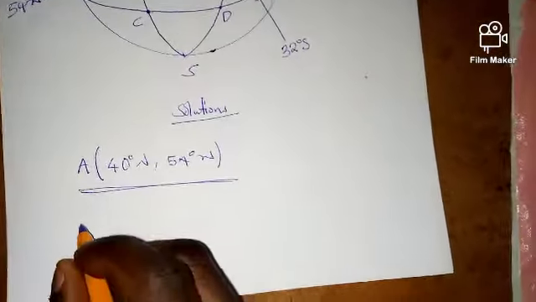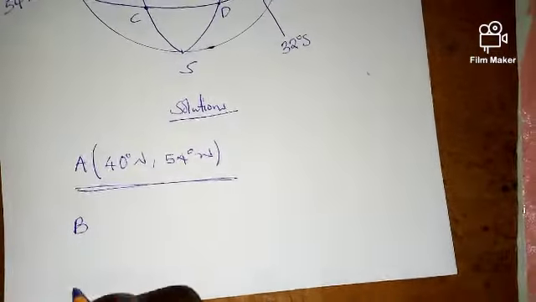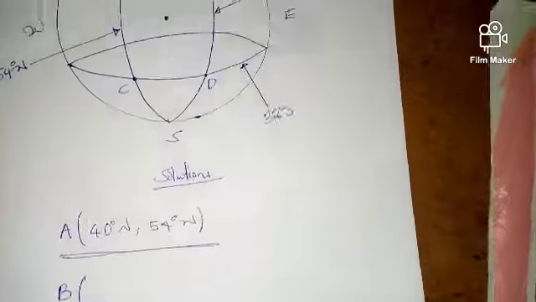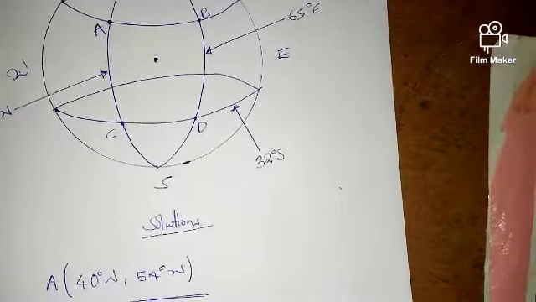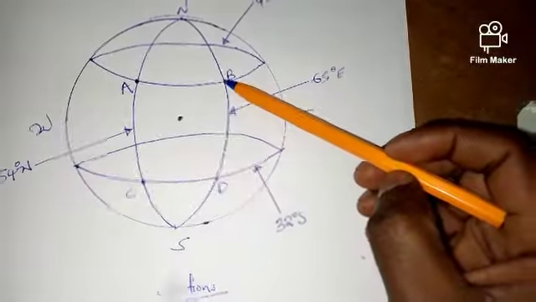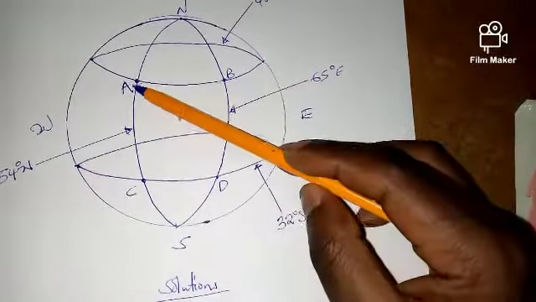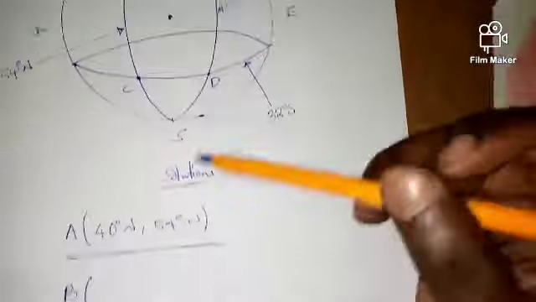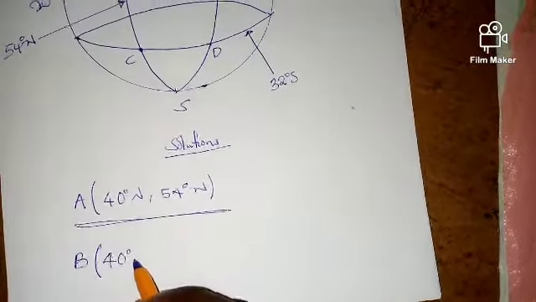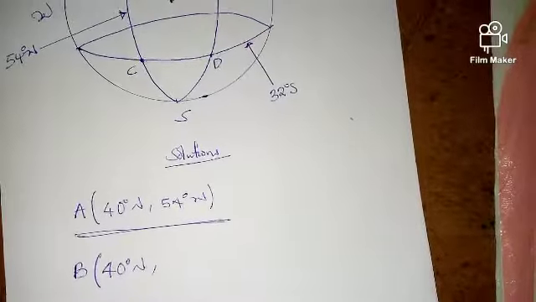So I'll go to point B, and I'm going to do the same. Let's go and find point B on our diagram. Point B is lying at the same latitude where point A is lying, so no big difference. That means that it's also lying at 40 degrees north in terms of latitudes.